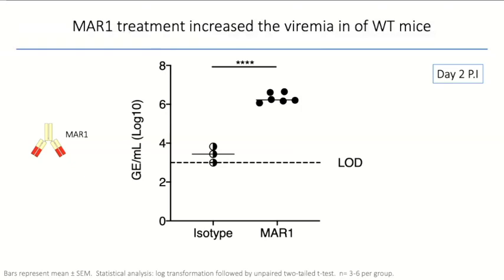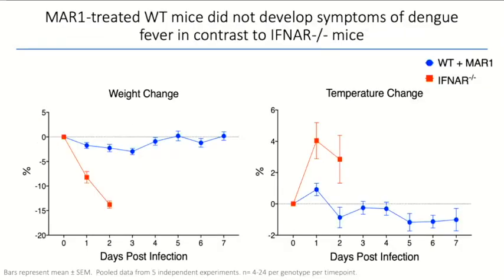Given that this experiment demonstrated that MAR1 treatment allowed a robust viral infection, I next wanted to characterize the course of this infection in wild-type mice. MAR1-treated wild-type mice did not show profound changes in weight or temperature. This was in contrast to IFNA-deficient animals, shown in red, that quickly lost weight and had to be euthanized at day 2 when they reached an ethical endpoint.